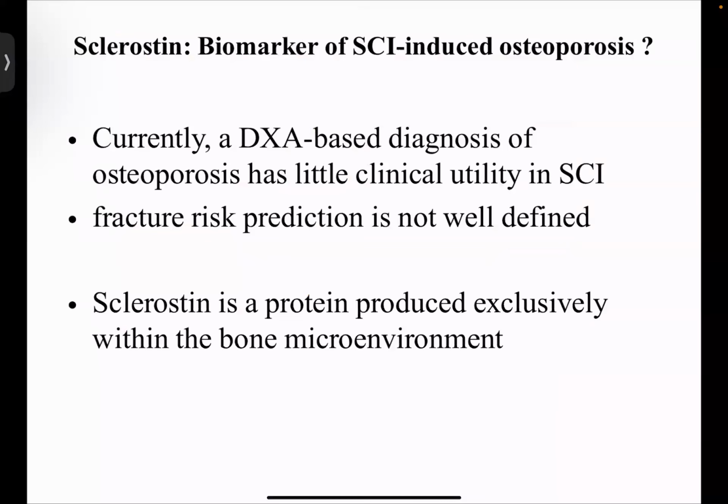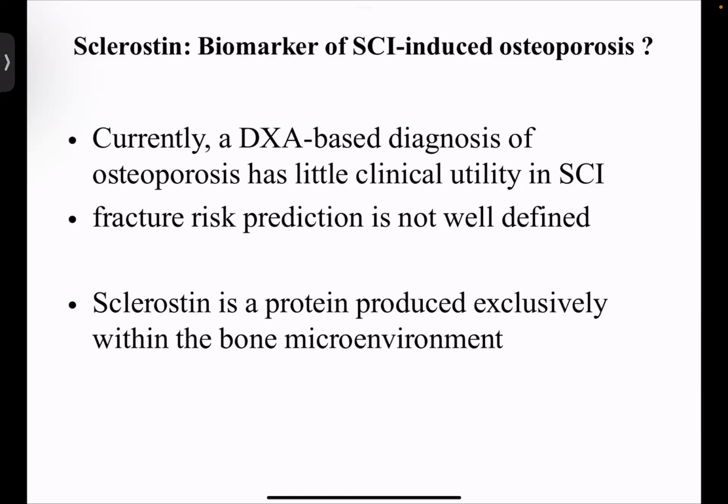Now coming to sclerostin. Sometimes they consider it a biomarker for ACI-induced osteoporosis, because DEXA has quite a few drawbacks when you check bone mineral density in spinal cord injury patients. DEXA-based diagnosis has little clinical utility because it hardly gives any fracture risk prediction, and the sites of bone loss, the proximal tibia and distal femur, are not checked in standard DEXA.